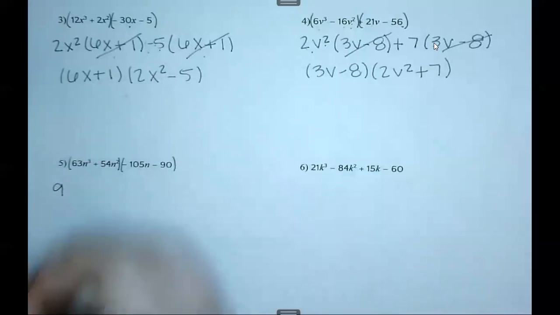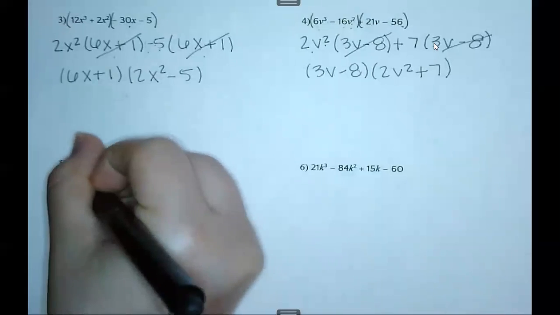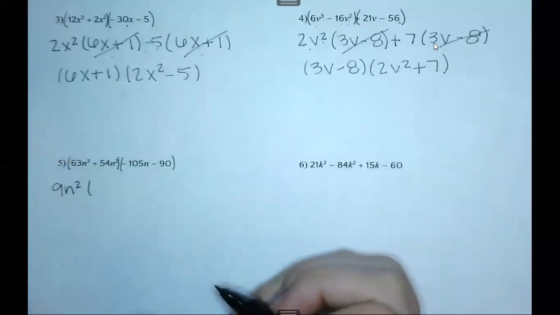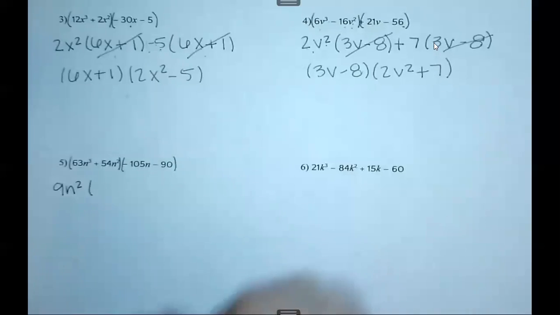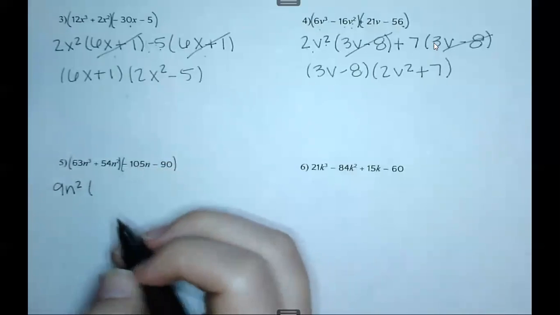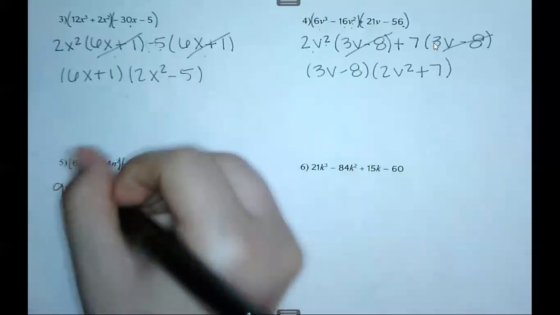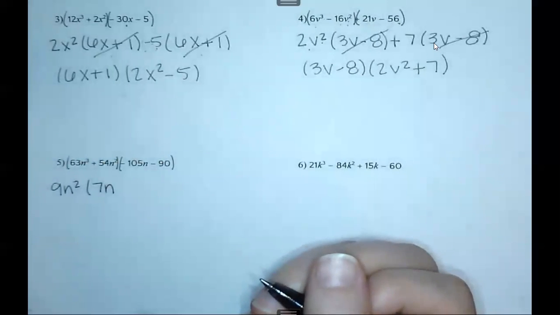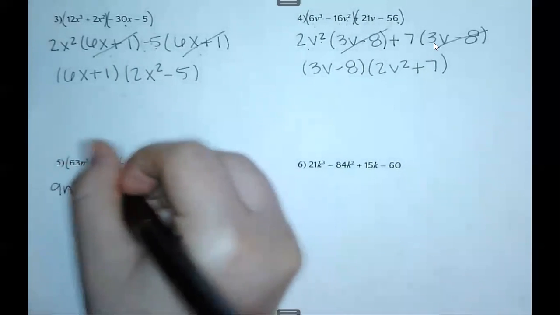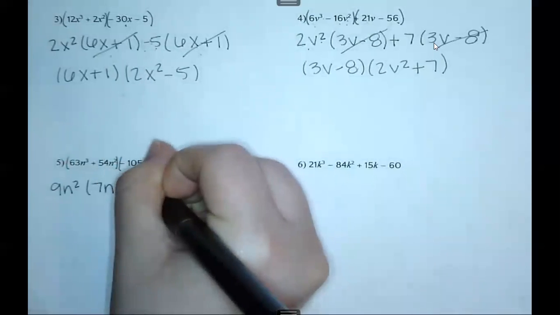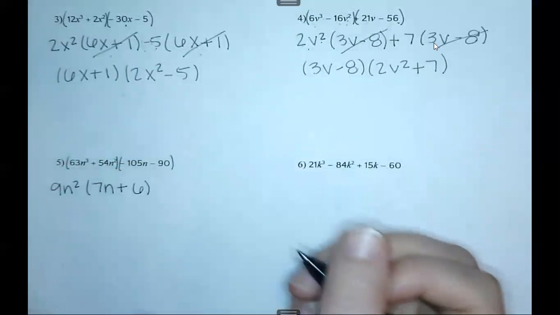And they both have at least an n squared, so we can take out an n squared. All right, so if I divided 63 by 9, I'm going to be left with 7, and I took an n squared out of n cubed, so there's still one n. And 54 divided by 9 is 6, and we took out the n squared.